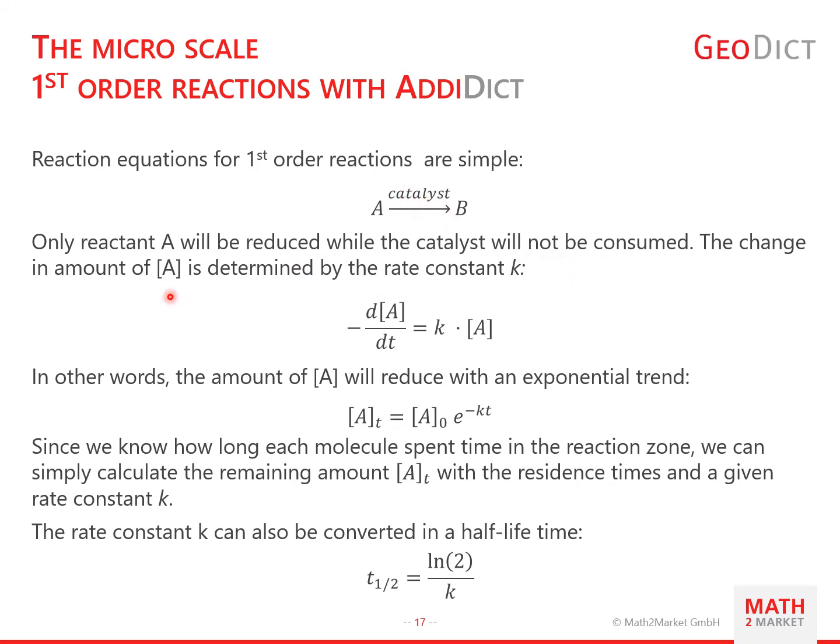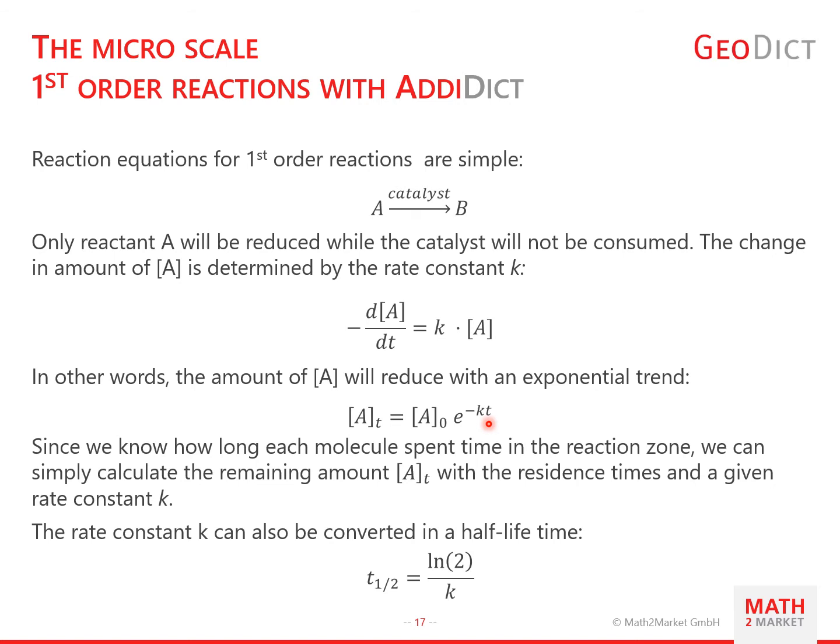The change in the amount of A is determined by the rate constant k. This is what we get as an input parameter, and it simply says our change in the amount of A is the same as k times our amount of A. In other words, we can reduce this to an exponential trend and say we take our starting species amount and multiply by e to the power of minus k times t, where t is the residence time from the simulation.